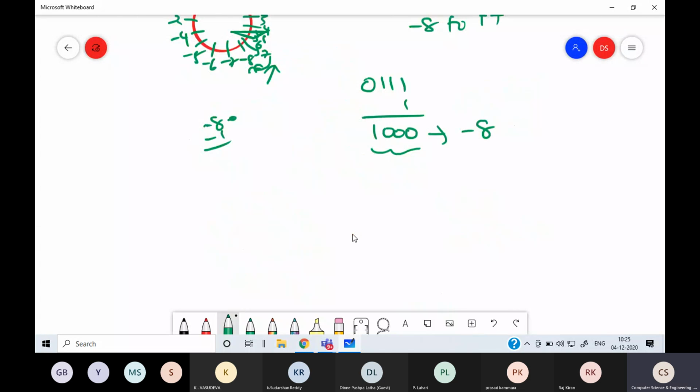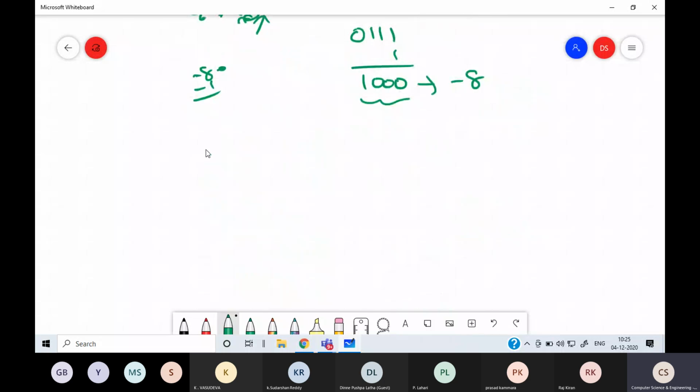Even if I take, for example, character A equals 120, now if I say A equals A plus 10, then what do you get?